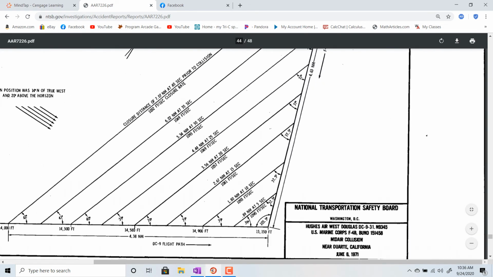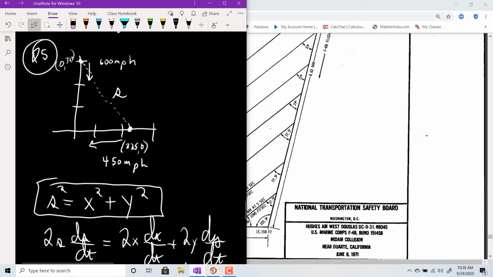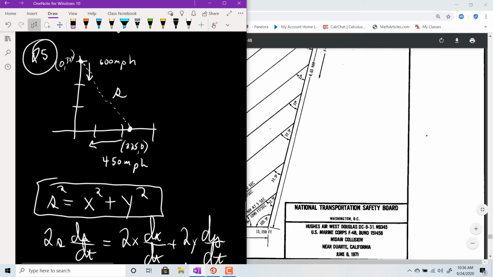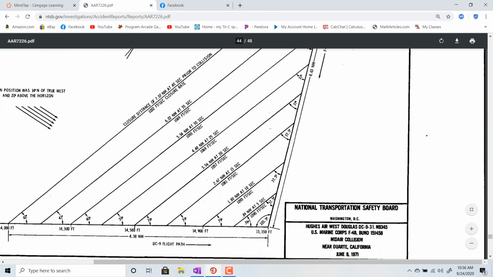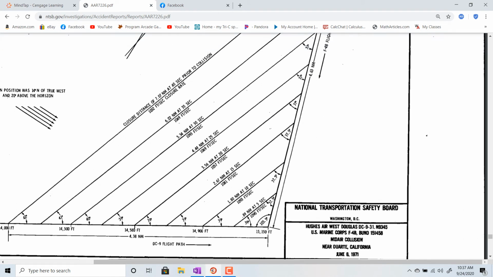This picture is exactly what we were just doing, except in our problem we had a Pythagorean identity we could use because we're dealing with a 90-degree triangle. In this one, you would have to use the law of cosines, like a squared equals b squared plus c squared minus 2bc cosine theta, and then implicitly differentiate it.